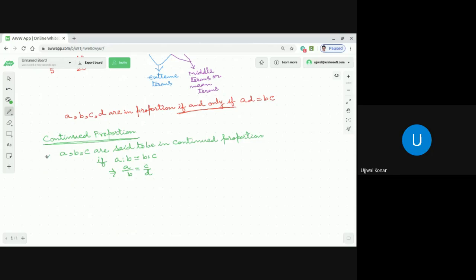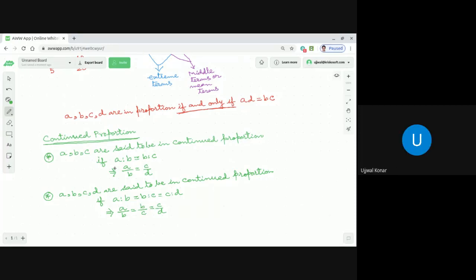So this is one point. In a similar manner, we can say A, B, C, D are said to be in continued proportion if A is to B is equal to B is to C is equal to C is to D. That implies if A by B is equal to B by C is equal to C by D. Correct or not?